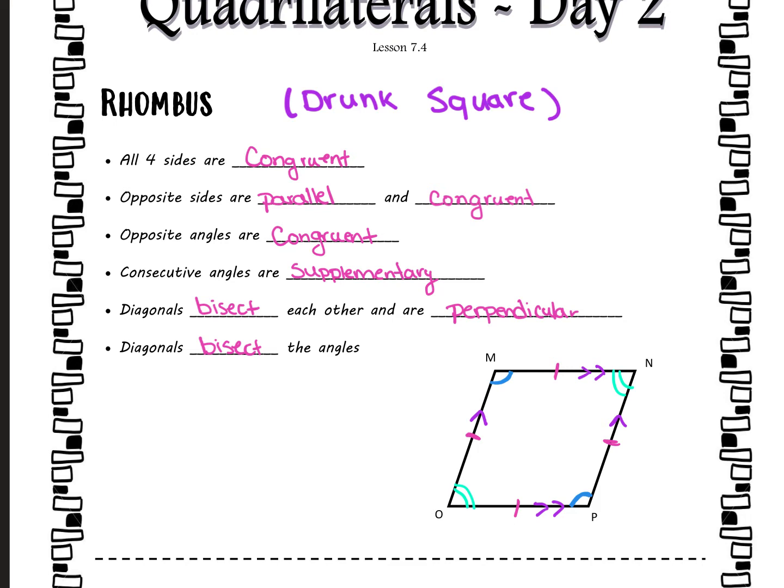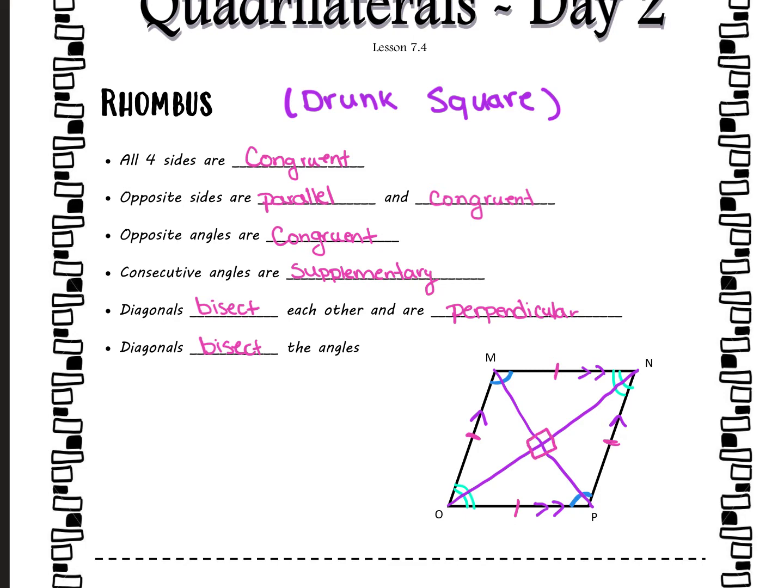And now we get into the diagonals. It tells us that the diagonals are going to bisect each other, which means they cut each other in half into equal portions, and they're also going to be perpendicular. So I'm going to have something like this. Since they're perpendicular, I'll draw the boxes like that.